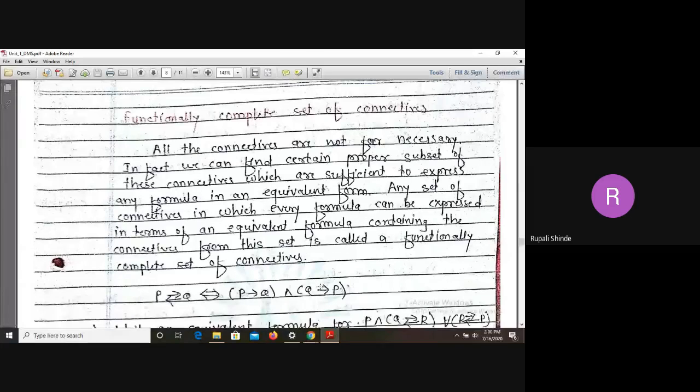So all the time it is not necessary to take all these five connectives. So we can form a set of connectives, and by using the connectives from this set, we can convert any formula into its equivalent formula. That's why that set is called functionally complete set of connectives.